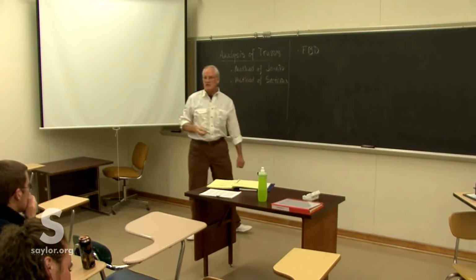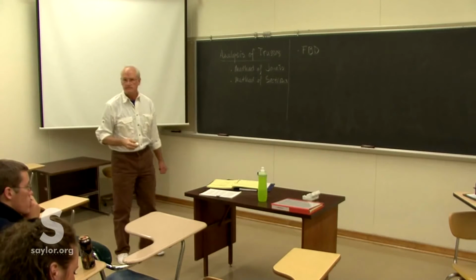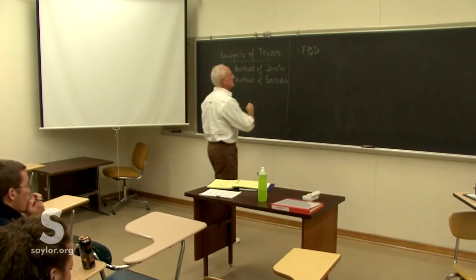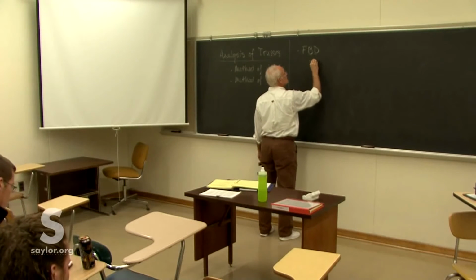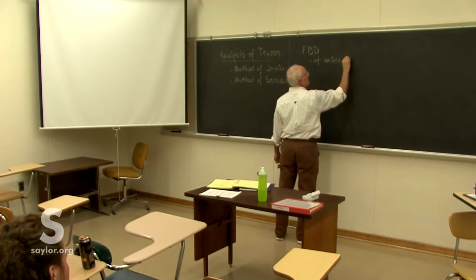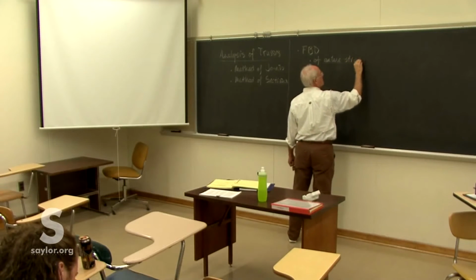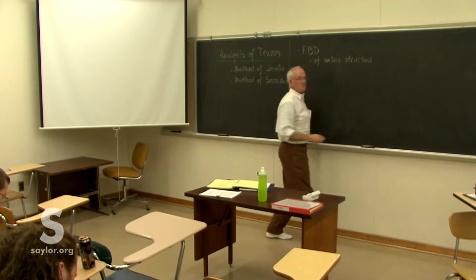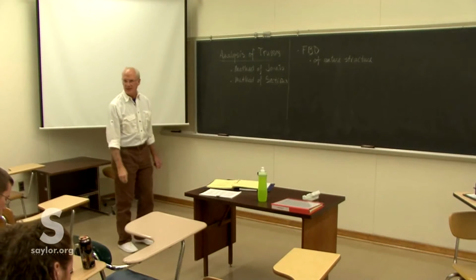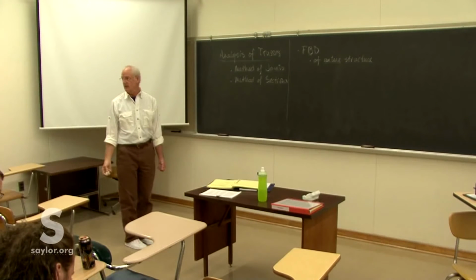So first thing we're going to need is a free body diagram. We're going to actually use several free body diagrams, but the first is generally of the entire structure. It's possible, I guess, we could have a problem where we don't need to do this, but that's just because there's so much stuff given.